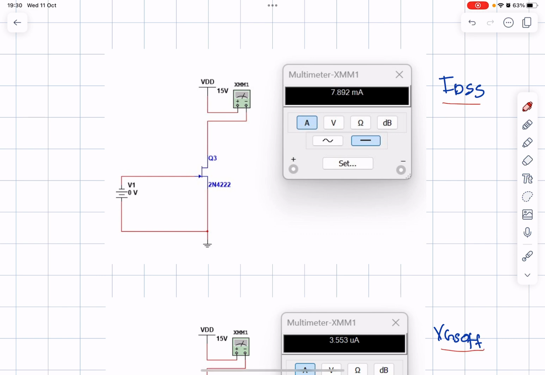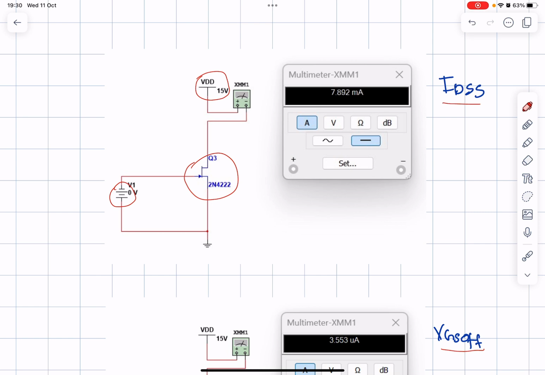In order to obtain the IDSS for this FET, the VG you need to set to 0 volt, and this one is your VDD supplied to the drain terminal.